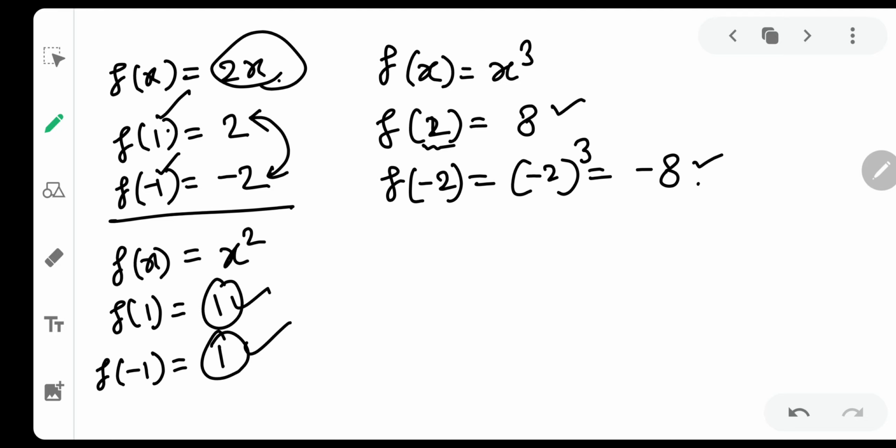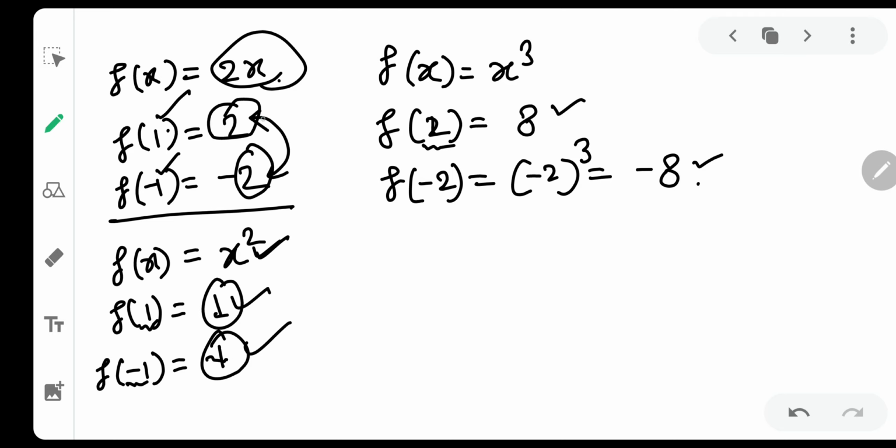It means it changed the sign. The magnitude was the same, 2 and 2, but the sign changed from plus to minus. But over here, when I changed the sign of x, the sign of y did not change.